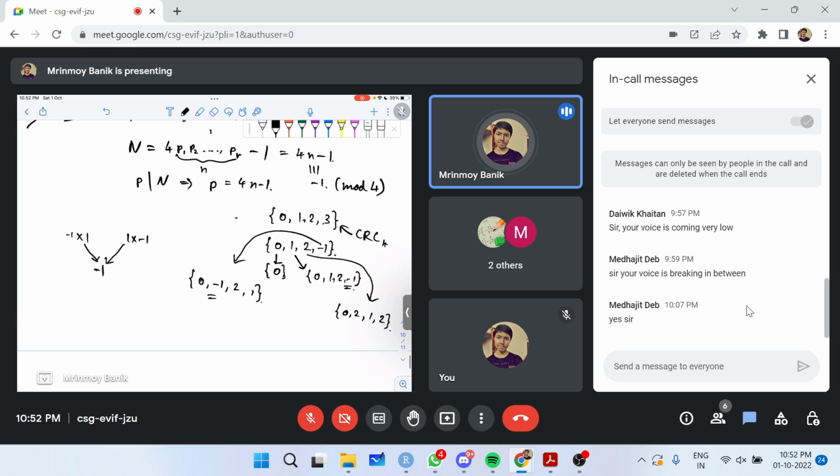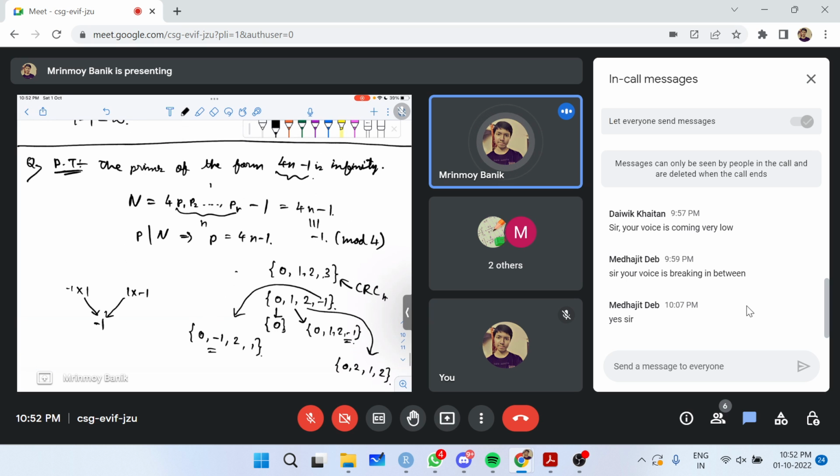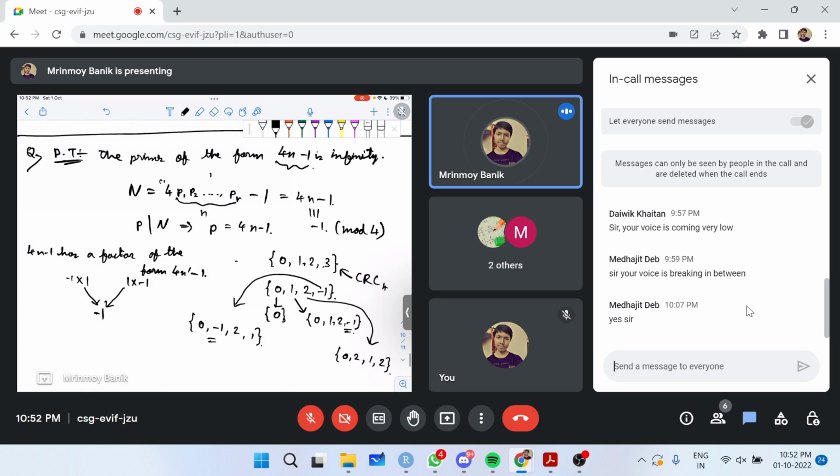So you see, numbers of the form 4n minus 1 always have a factor of the form 4n minus 1. So that's why we pick this form, so that it has a factor that we can say p is of the form 4n minus 1.